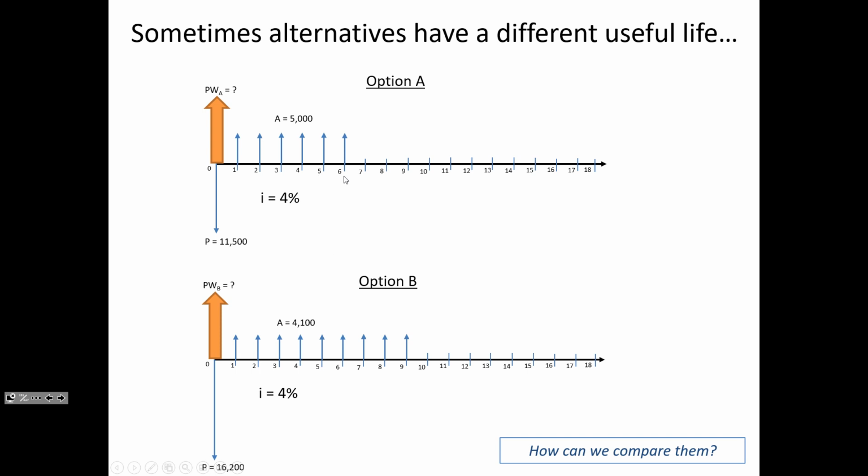Because, for example, option B is lasting longer than option A. So even if you have more revenue in option A for each year, option B is lasting longer, and you could calculate the present worth of each of them, but it wouldn't give you insight into what's happening during years 7, 8, and 9 if you had selected option A. So the rule is, if they have a different useful life, you can't compare them directly.